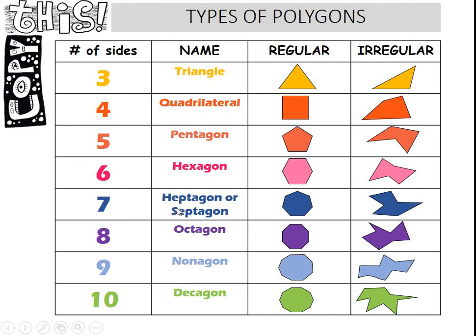Seven-sided shapes have two names, more commonly known as a heptagon, but can also be called a septagon. You will need to know the name of both. 8-sided shapes are called octagons, 9 is a nonagon, and 10 is a decagon. Irregular shapes will look different depending on the lengths of the sides, so you need to count the edges to know the name of the shape.